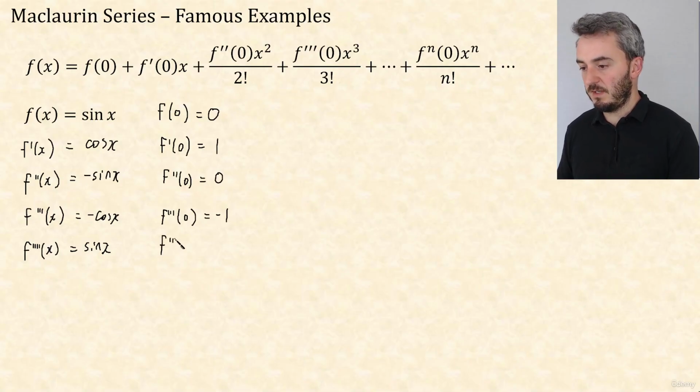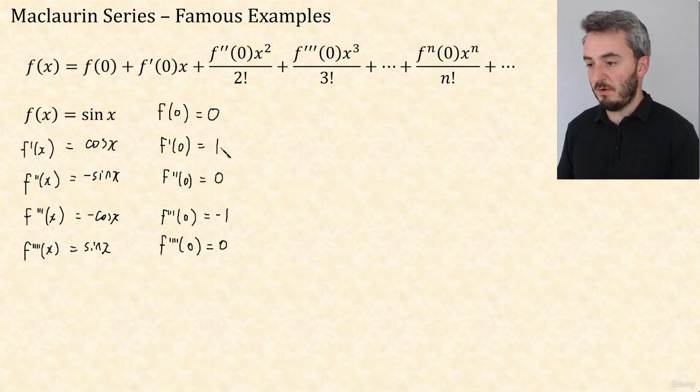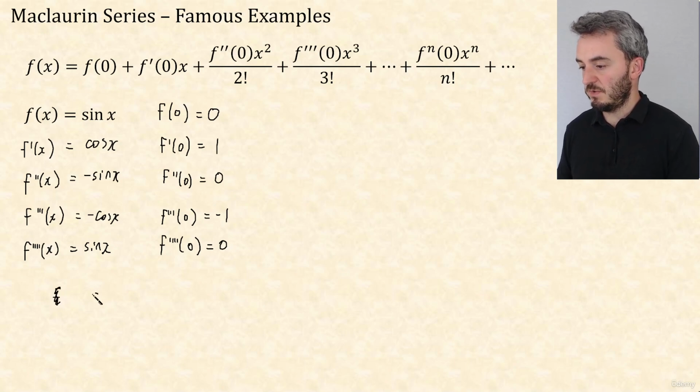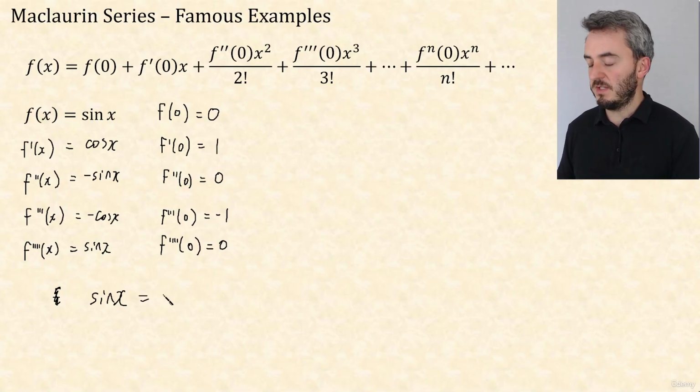The fourth derivative is 0 again. So this one cycles 0, 1, 0, minus 1, 0, 1, 0, minus 1. And so our Maclaurin series is pretty straightforward. So sine x is, well, it's f of 0, which is 0. I don't bother writing that down. And then f dash of 0, which is 1 times x.